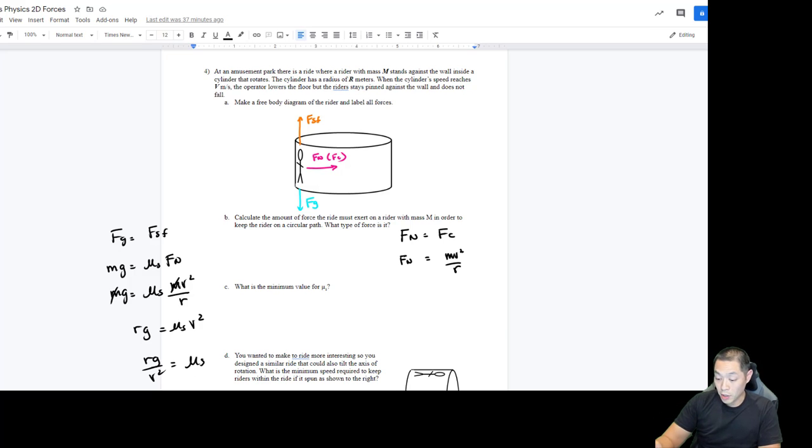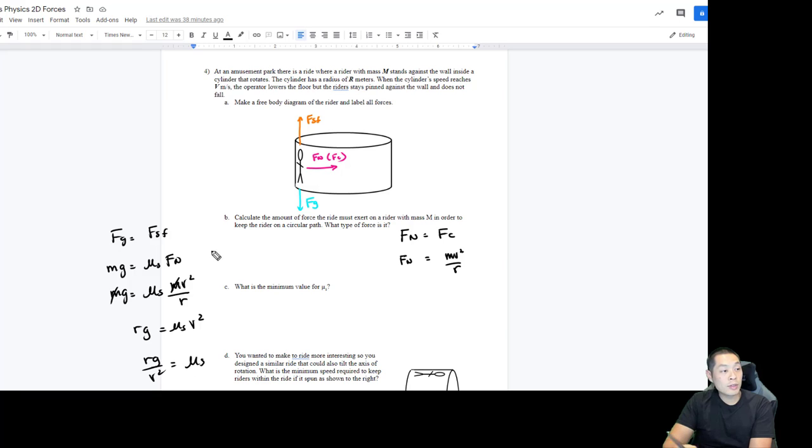All right. So let me just recap. Three forces. What kind of force is keeping it in a circular path? That's force normal. Force normal does have a condition on it because gravity is pulling down on the rider. So we need a force of friction pushing it up. So you make them equal to each other. Fg equals force of static friction. Fn equals Fc.